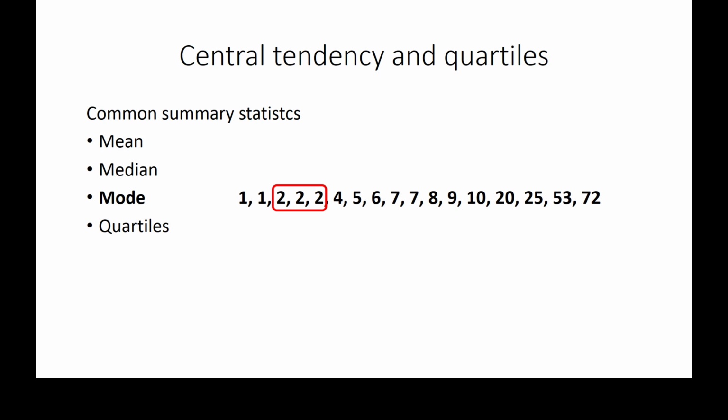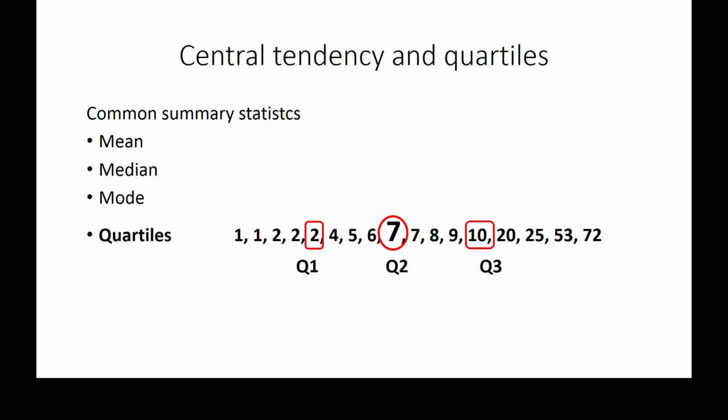Okay, so the final subject in this section is quartiles. There are 3 quartiles and they divide the data in 4 equal parts. Note that the median is the second quartile, so that's why we talk about that now.